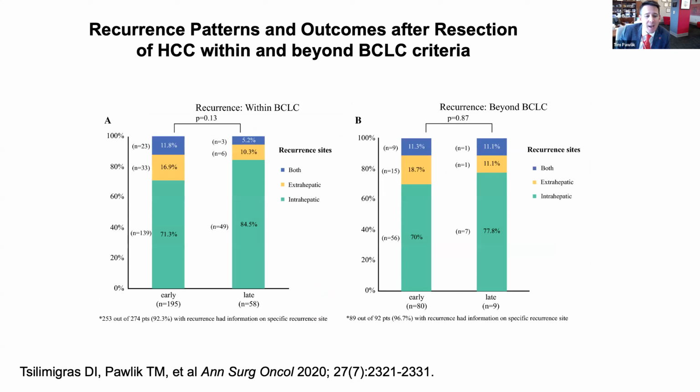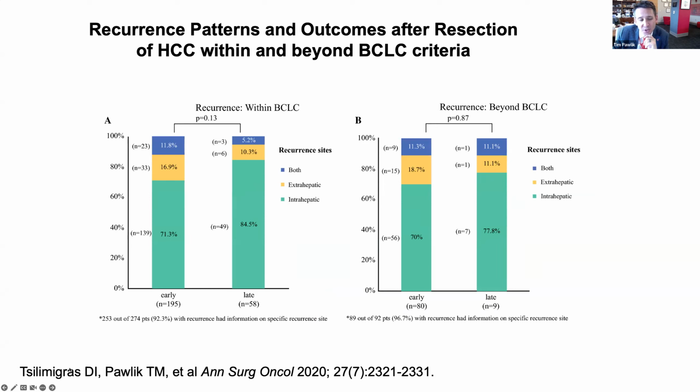And if you look at the patterns of recurrence in patients who underwent surgery within BCLC or beyond BCLC, you can still see that the majority of the recurrence in either setting is within the liver, with very little disease failure at the extrahepatic site.